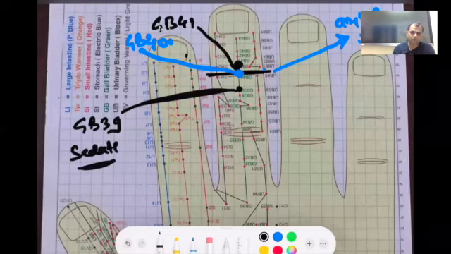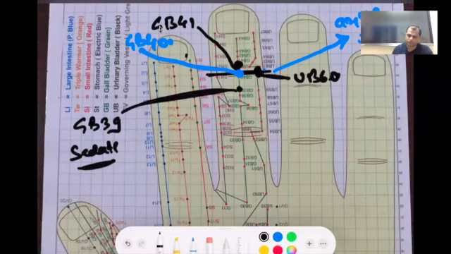Or we can put the methi seeds, fenugreek seeds. So now we are coming to the urinary bladder meridian. So the 1 point will be just on the joint, that is urinary bladder 60. Then just a little down, that is 61, urinary bladder 61.